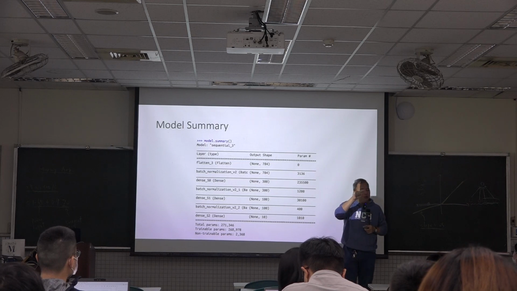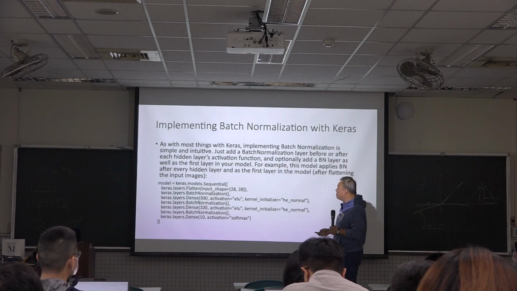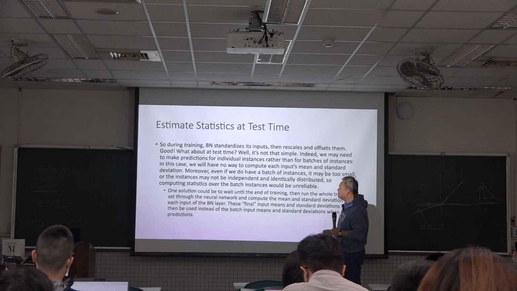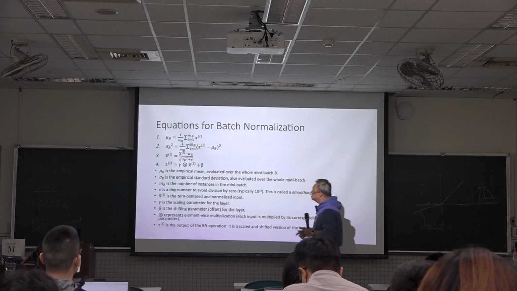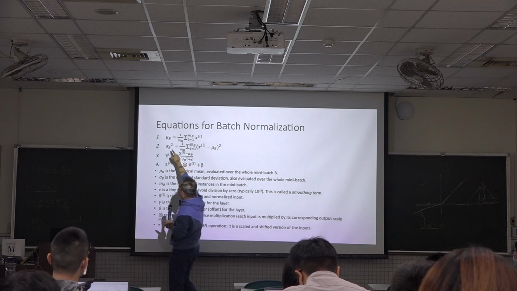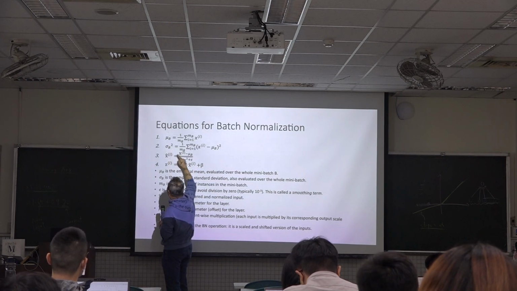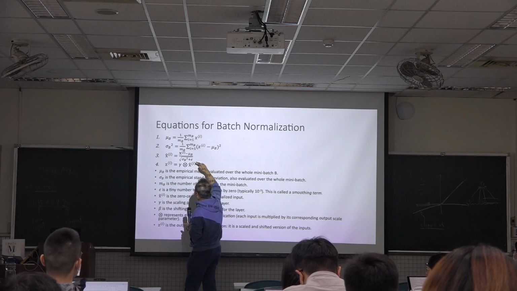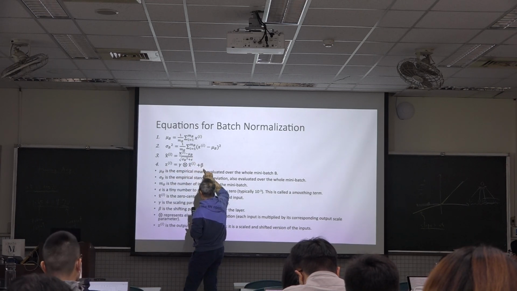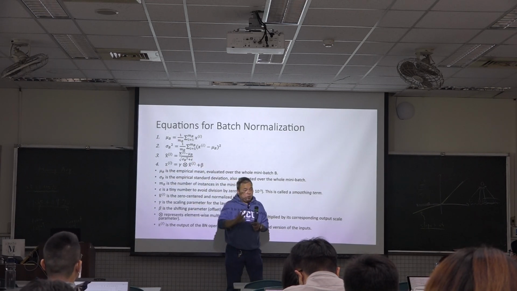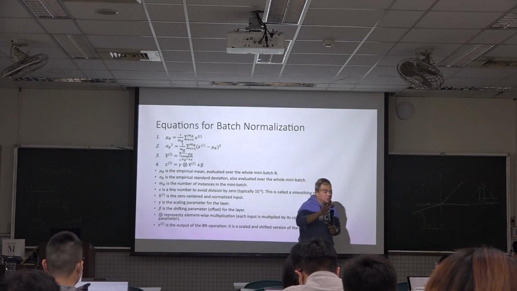Remember for each neuron, we have 4 parameters. What 4 parameters? Here, we have this mu_B, sigma_B squared, and we have gamma and beta. We have these 4 parameters.